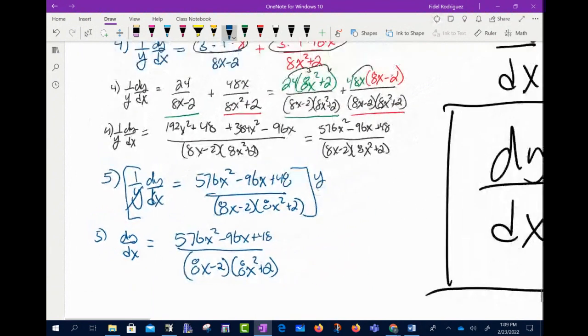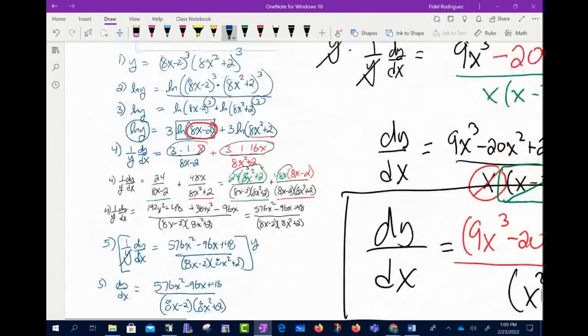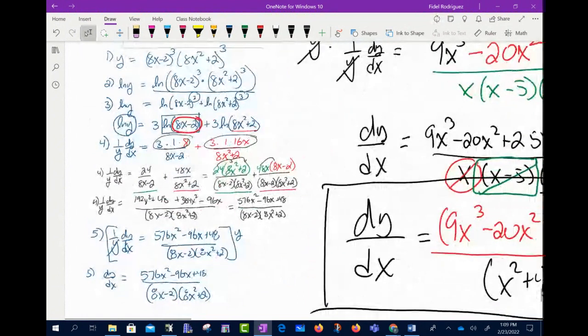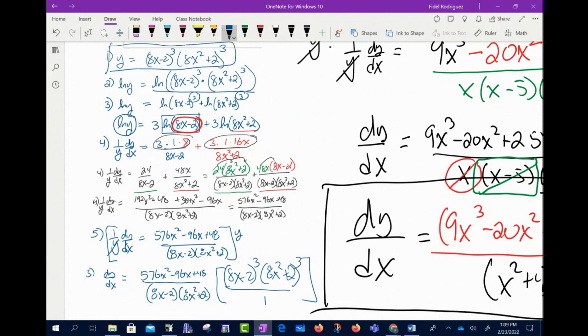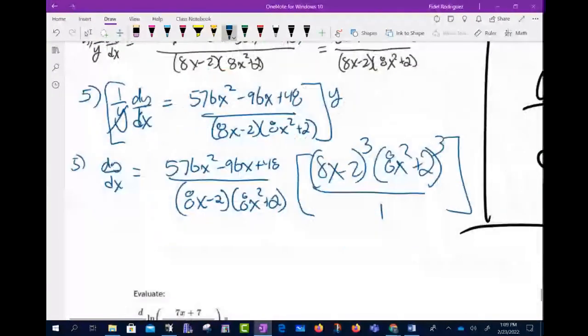And then what did we say our y was to begin with? 8x minus 2 to the third and 8x squared plus 2 to the third. All I did is take it from right here, where there was our original y.